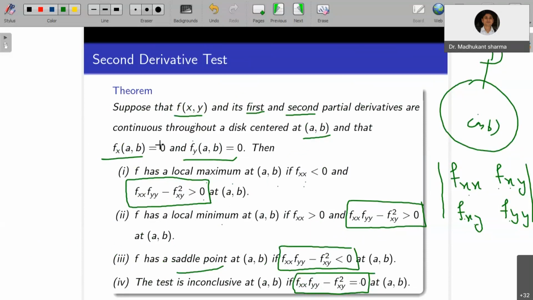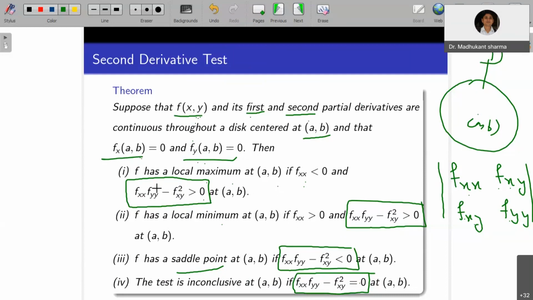Very first thing is you have to check the continuity of f, its first and second partial derivatives. Try to collect all the points (a, b) where fx and fy both vanish. Those points are critical.